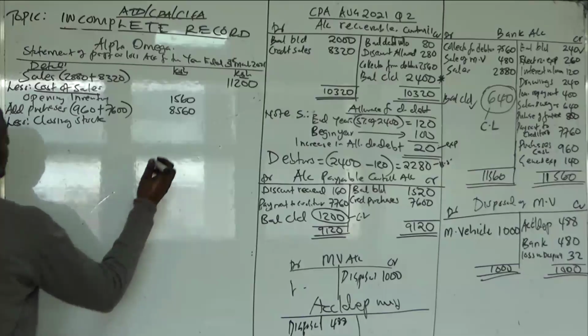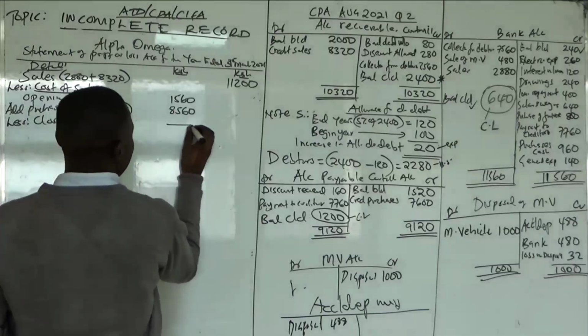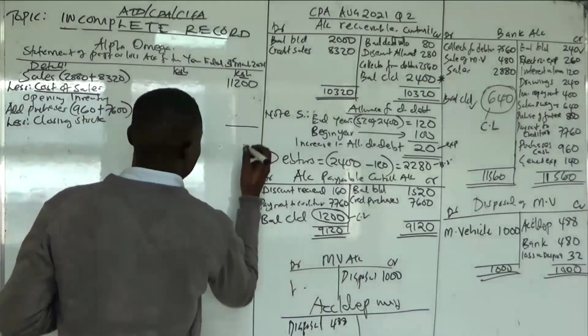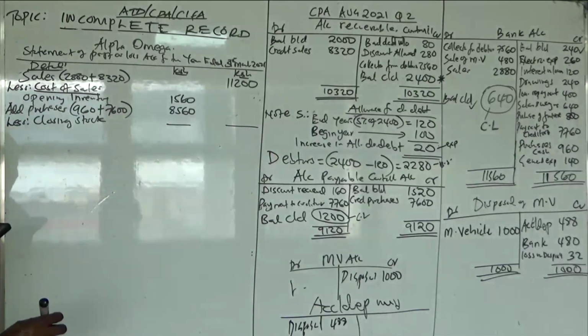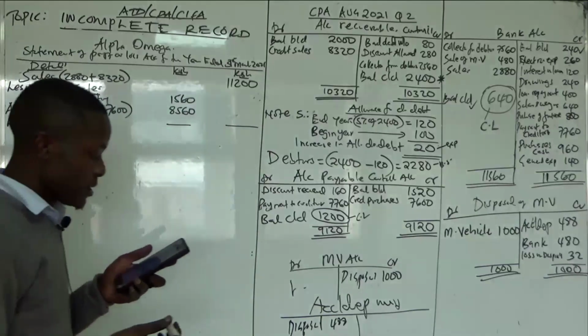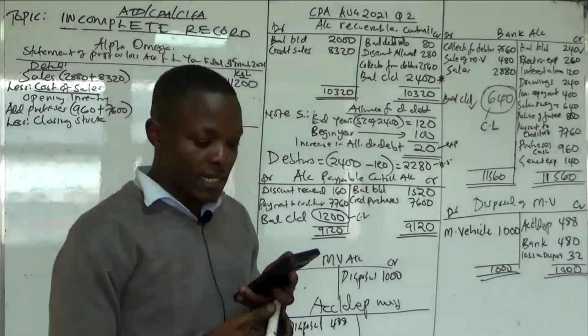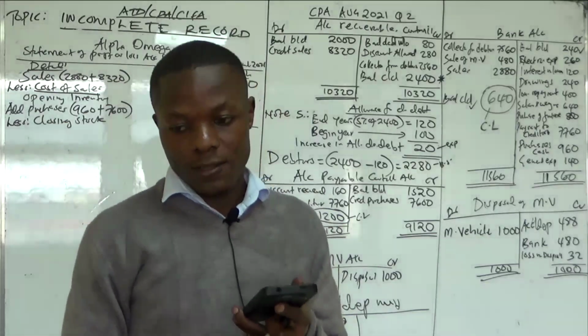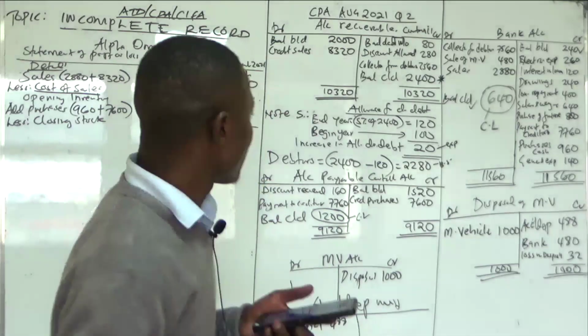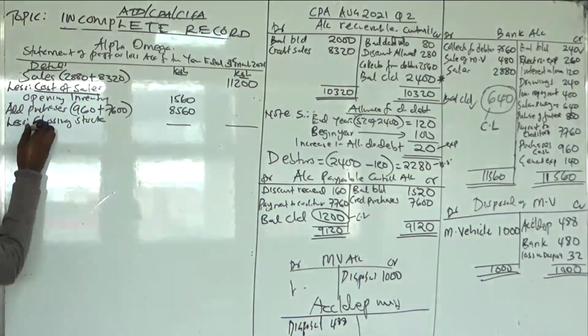Kama kuna inventory, wacha dash. Piga hapa dash. Unaona note number 3. Note number 3 wamesema the business operate at a gross profit margin of 25%. Sasa kazi yako ni kutafuta gross profit kwanza.